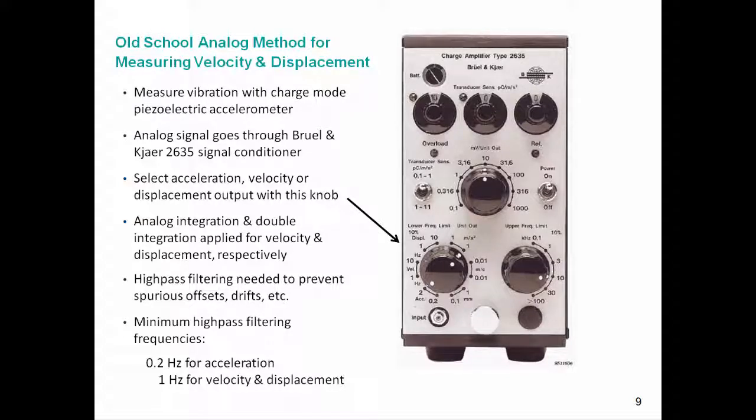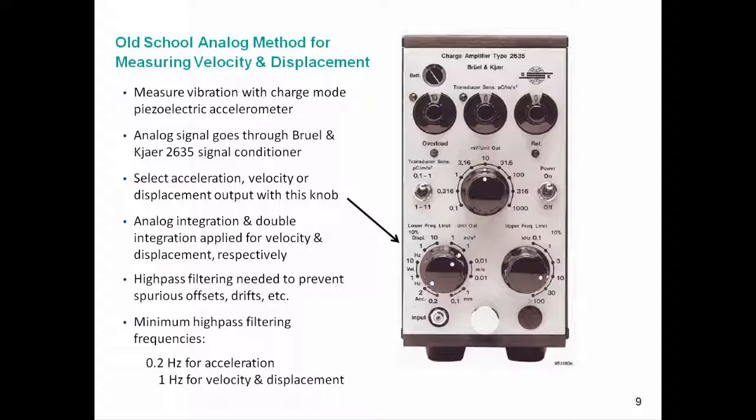But one thing that's interesting is that in order to do these outputs, the user has to select a high-pass filter. And that's particularly critical for velocity and displacement. And that's needed, for example, to filter out any spurious baseline shifts or spurious drifts.